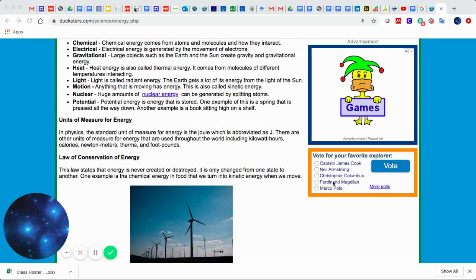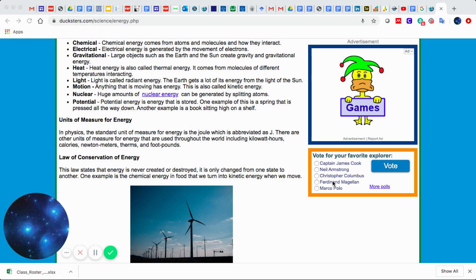Units of measure for energy. In physics, the standard unit of measure for energy is the joule, which is abbreviated as J. So remember, the unit of measurement for work was the joule.